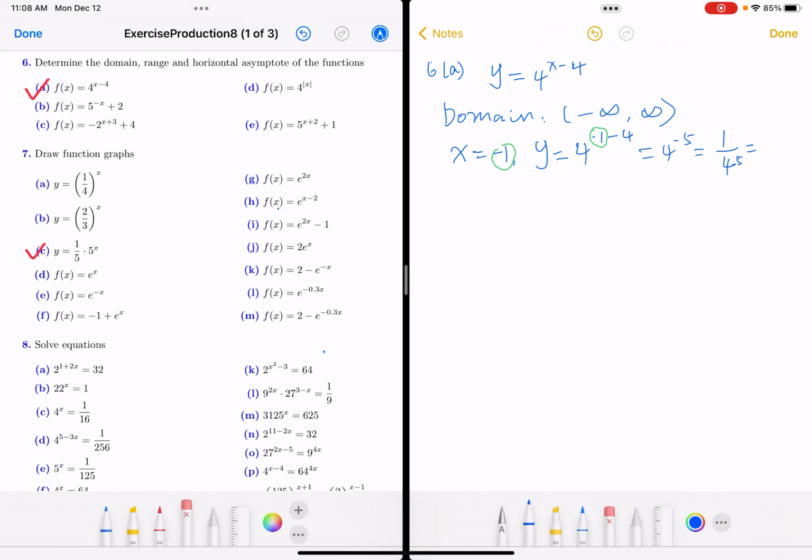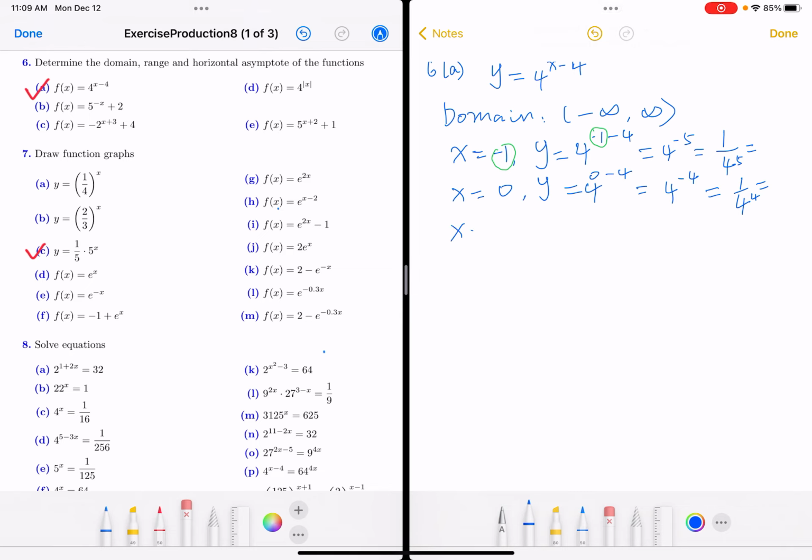Okay? Now, when x equals 0, we have y equals 4 to the 0 minus 4, which is 4 to the -4th. And then we have 1 over 4 to the 4th. You may also find out this value.